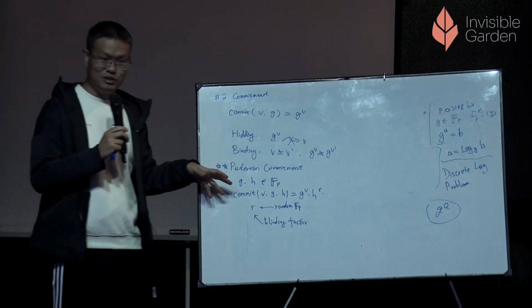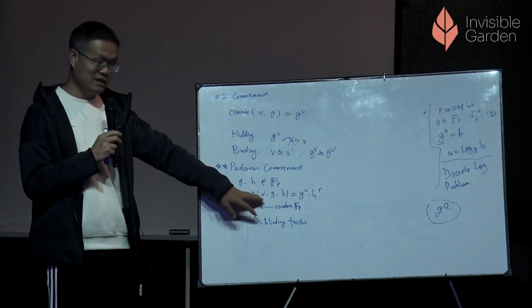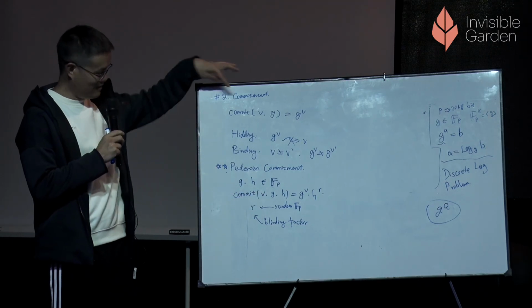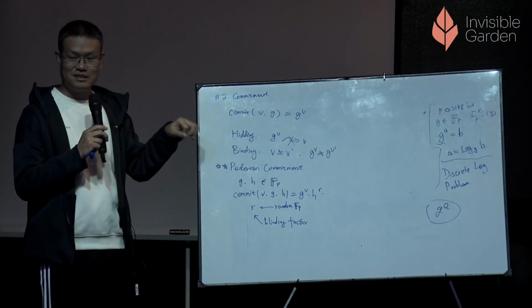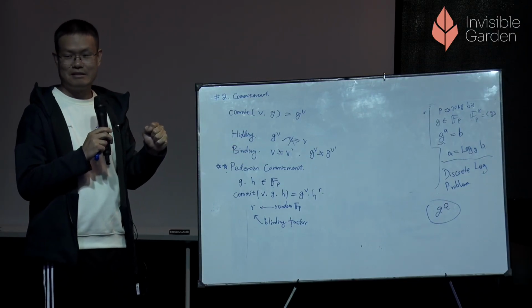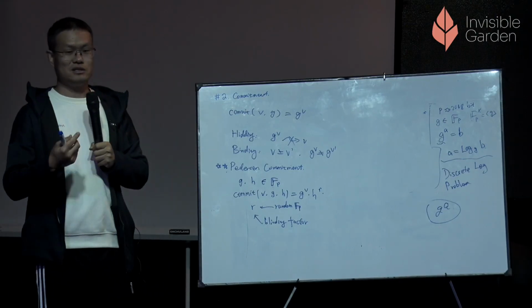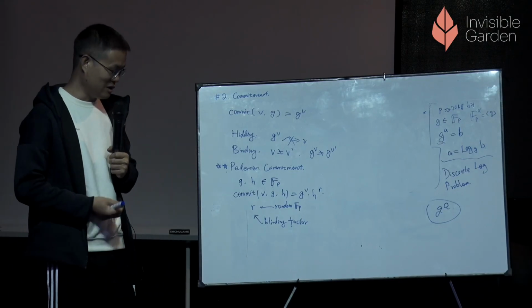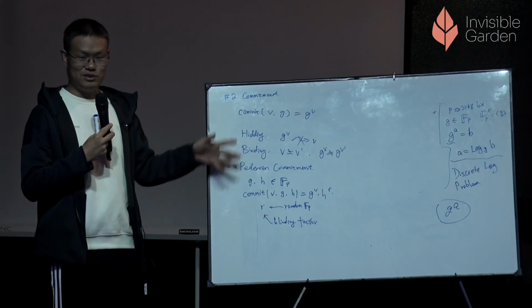Here's a question. What are the differences between committing V this way and committing V this way? If you are a developer and you want to use commitment to improve your application, right now you have two options.